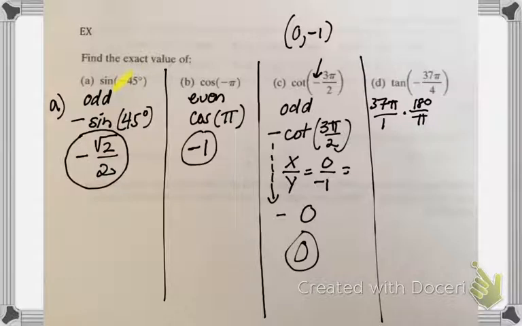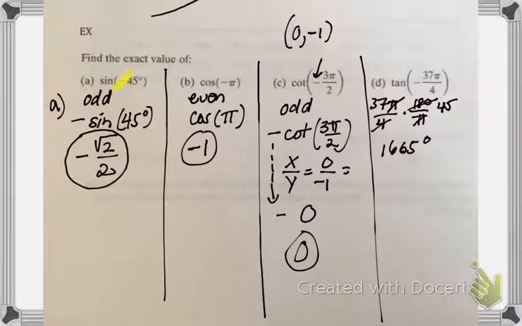The pi's cancel each other out, and 4 goes into 180 45 times. So 37 times 45 is 1,665 degrees.